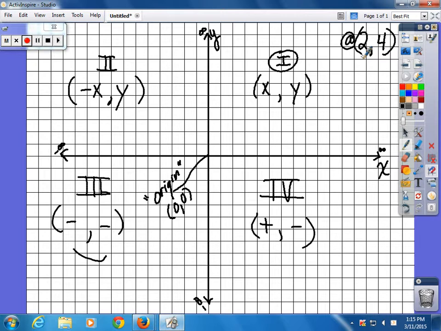So (2, 4), I'll do this in, let's make that red. So 2 and 4 would be 1, 2, and then 1, 2, 3, 4.